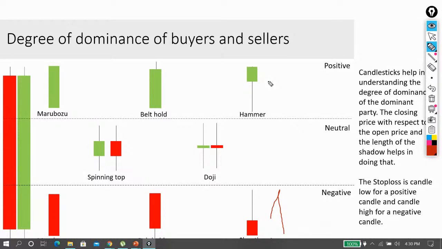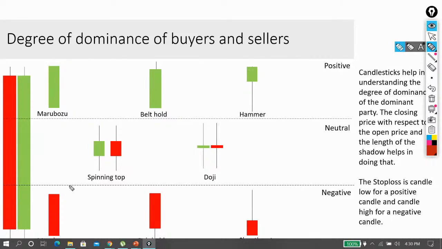And similarly here, if we see price opened here, it made a low, and then it closed somewhere up. So these are the trajectories if you want to view it like this. Okay. Now how to see them in chart? We will discuss that when we walk through the chart.